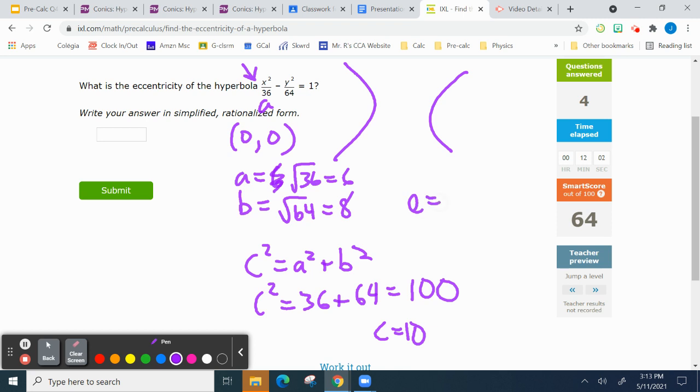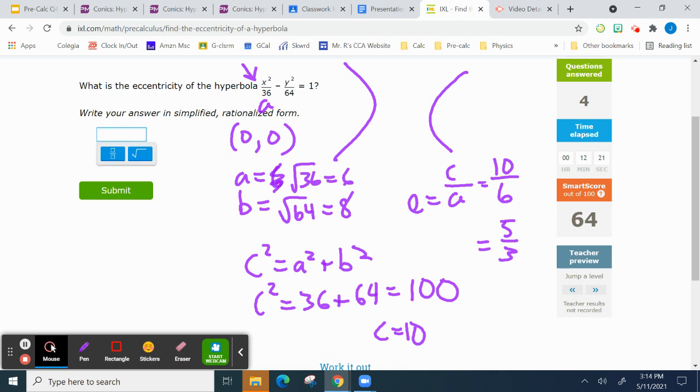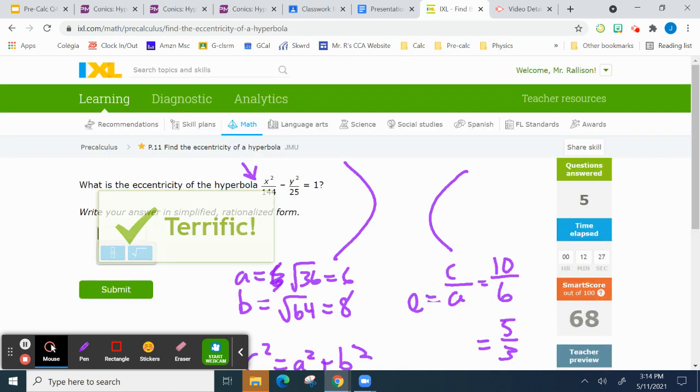So the eccentricity, I know I wasn't going to do the whole problem, but c over a equals 10 over what's a? A is 6. So we can cut both of those in half and get 5 over 3, right? So hopefully grab that. It starts to go pretty fast for you. 5 over 3. Okay.